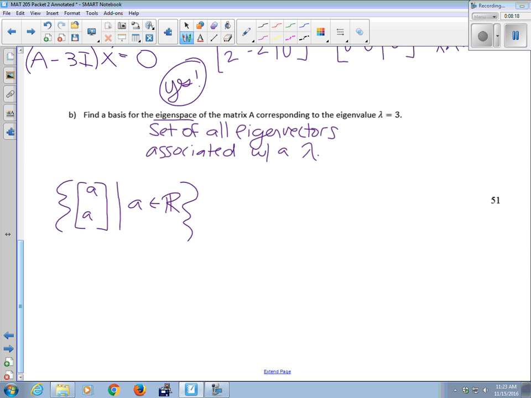Or we could say it's the span of (1, 1).